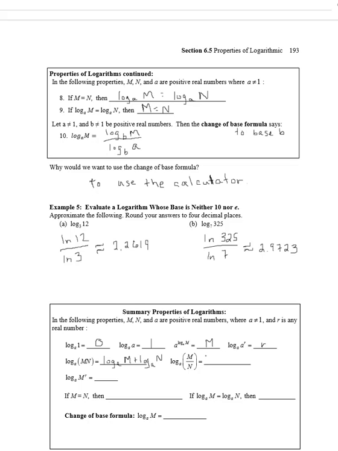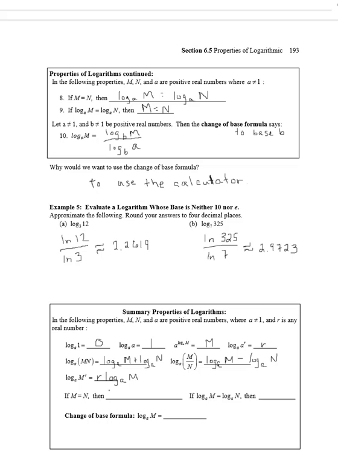Log of m divided by n is log of m minus log of n. Log base a of m to the r is r log base a of m.